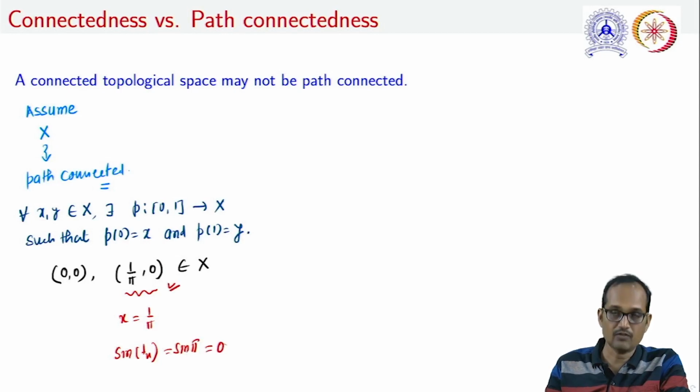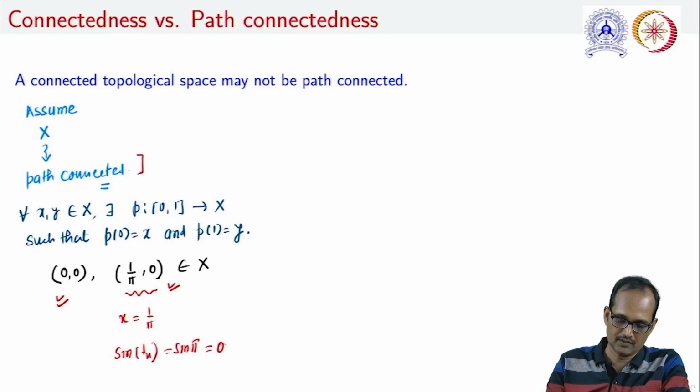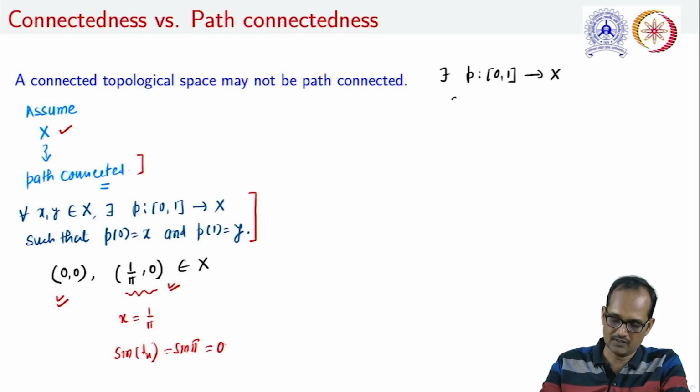So this is an element of X, and by our construction (0, 0) is already an element of X. Because we have assumed that X is path connected, by the definition of path connectedness there exists a continuous function p from [0, 1] to X such that p(0) is the origin and p(1) is (1/π, 0).